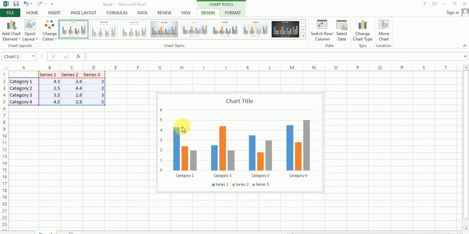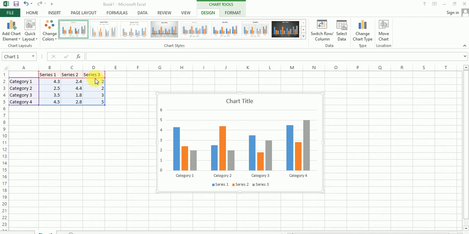This type of chart displays data in vertical bars, and it is used to compare different items of data or show changes in data trends over a period of time. The values in this chart are depicted on the vertical axis, whereas the horizontal axis is used to depict a category.